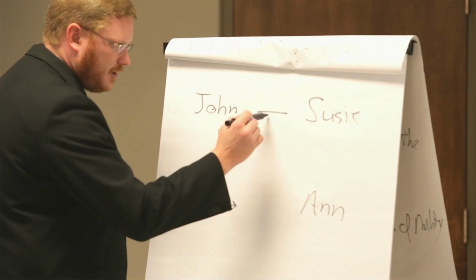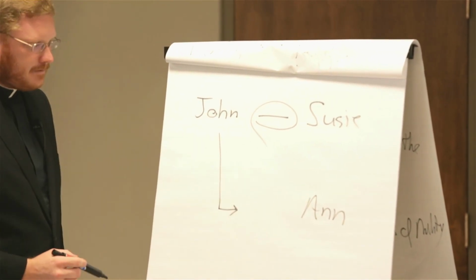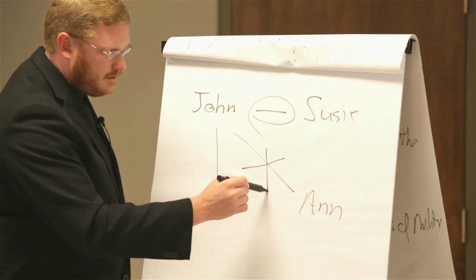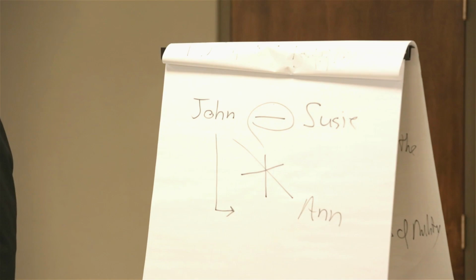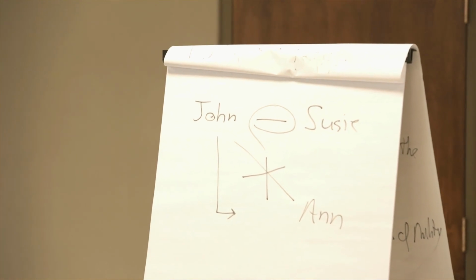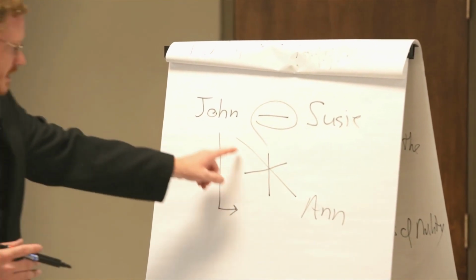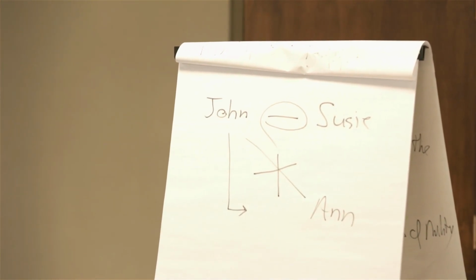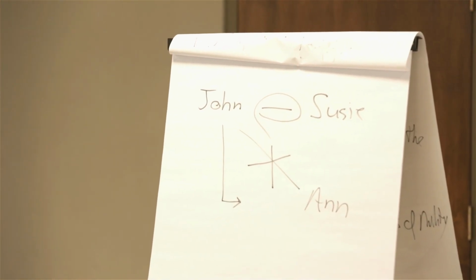Because he has a prior bond. So we can declare this marriage null because of a prior bond. Does that make sense? So John is not able to marry Anne because he's still married to Susie. You can only be married once at a time. Till death do us part.